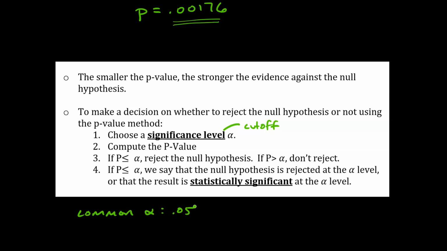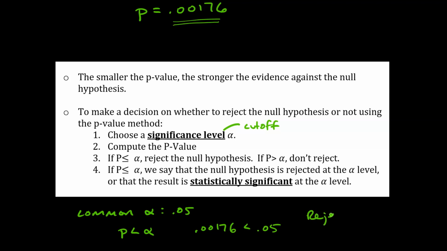You see other alphas as well, but this kind of goes hand in hand with 95% confidence interval. Remember how that was a common confidence interval? A common cutoff ends up being 0.05. So in the context of this problem, our p-value is less than alpha because 0.00176 is less than 0.05.